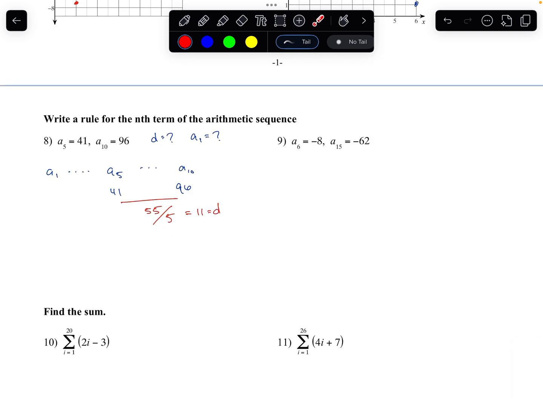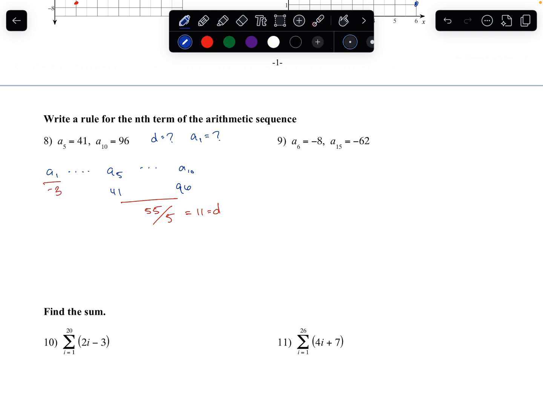So if I'm going back right here, so A1 to A5, that's A1, 2, 3, 4, 5. Yeah, that's 4 terms right there. So from A1 to A5, that's 4 terms for 11 times. So that's a difference of 44. So if I do 41 minus 44, I'm going to get that the first term is negative 3.